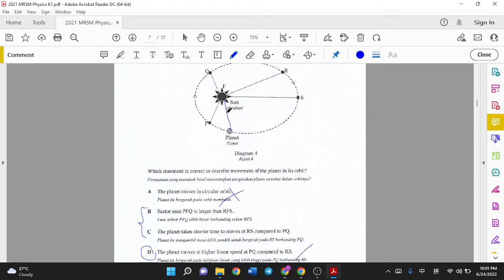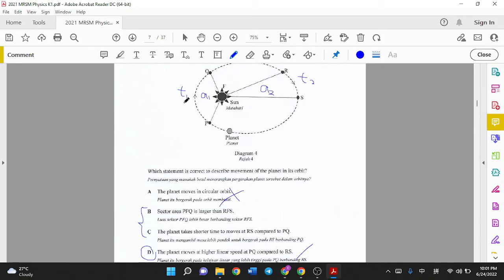Which means if your area A1 equals area A2, then the time taken, T1 and T2, will be equal. Provided that the area swept out by the line that connects the Sun and the planet is equal, then T1 and T2 should also be equal.